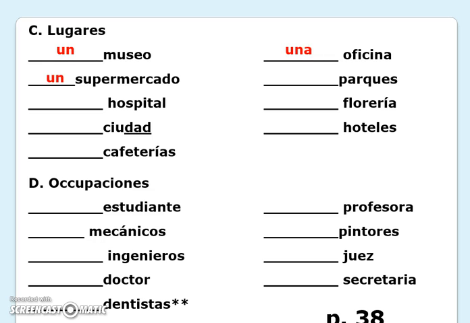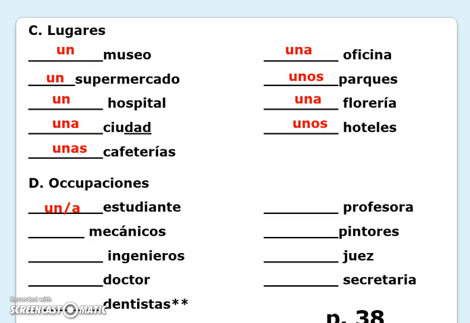Un supermercado. Unos parques. Un hospital. Una florería. Una ciudad, because anything that ends in dad is always feminine. Unos hoteles. And unas cafeterias.